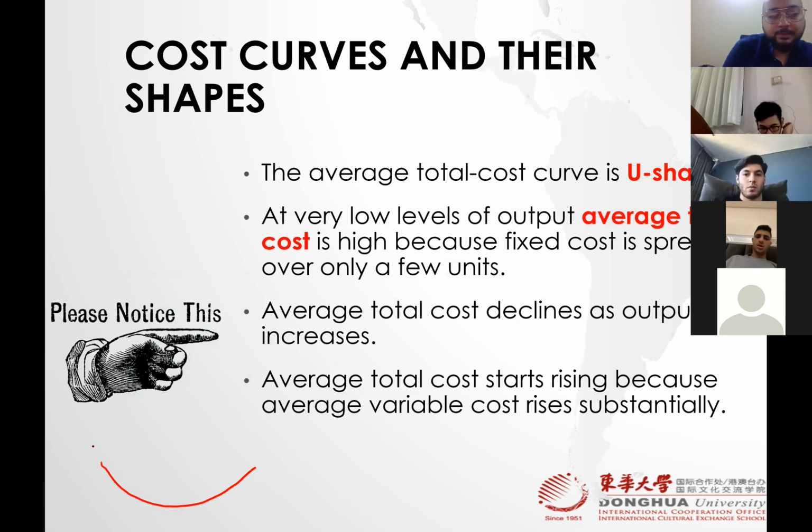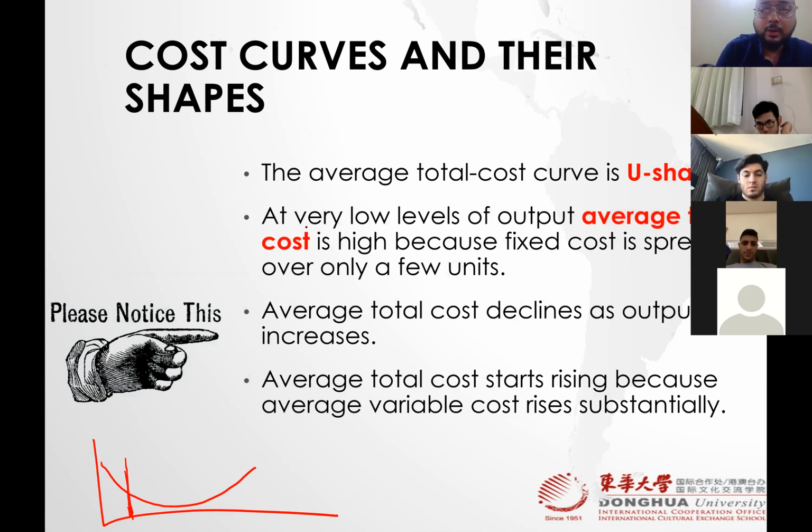Which means when we have a small quantity here, at a low level of output, average cost is high. You see, at low output, it is highest. But when production is increasing, it is decreasing, right? Average cost declines as output increases.